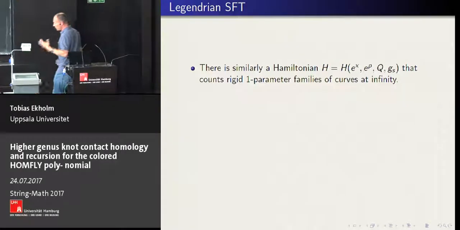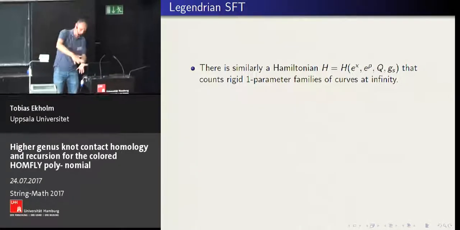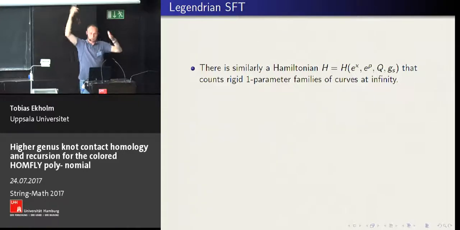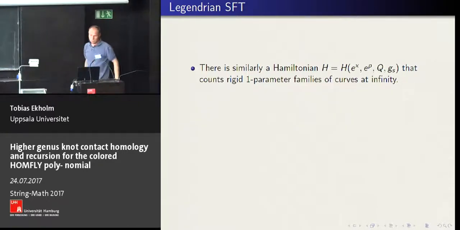So our counting function schematically looks like a sum like that. Similarly, at infinity we have this R translation, so we would like to count all the R families of curves up there with positive and negative punctures.